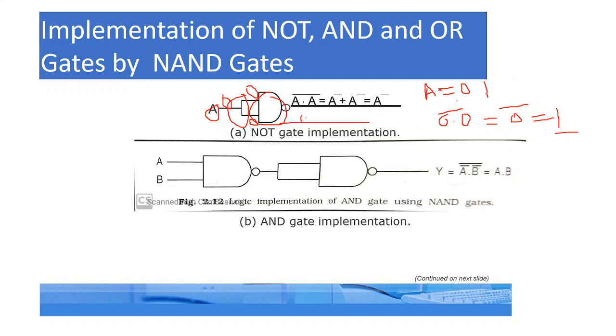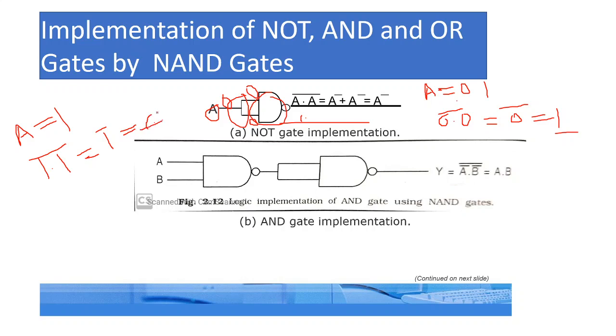Now suppose A is equal to 1. The output is A dot A whole bar, which means 1 dot 1 whole bar, equal to the complement of 1, which is 0.